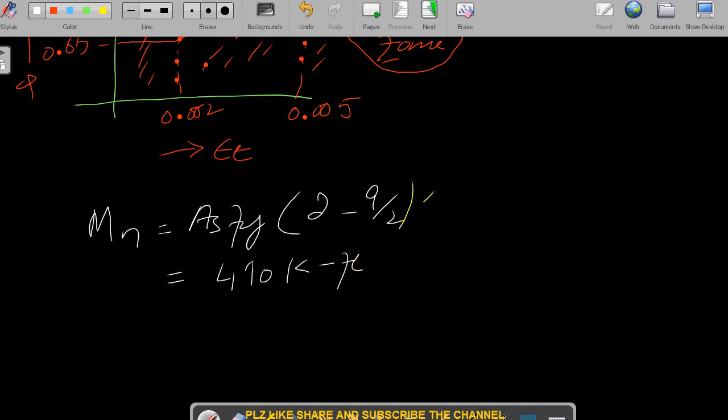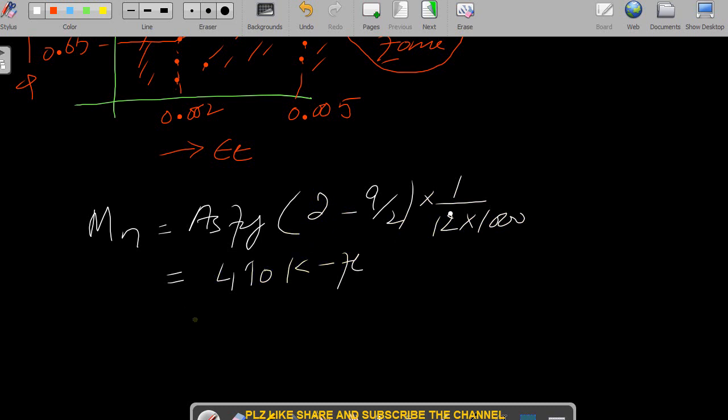Make sure you multiply by 1 divided by 12 divided by 1000. If you are using As in square inches, fy will be 50,000, d will be 21.5 inches, and a as calculated is 4.27. Then divide that value by 12 to convert it into feet, and divide by 1000 to convert it into kips.